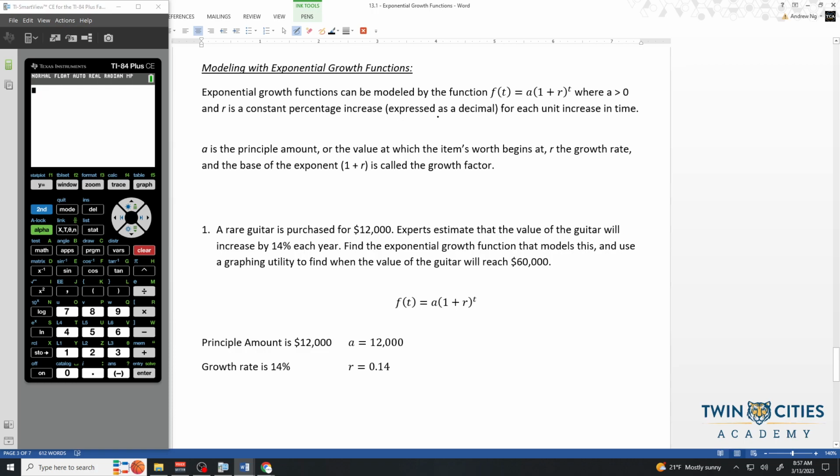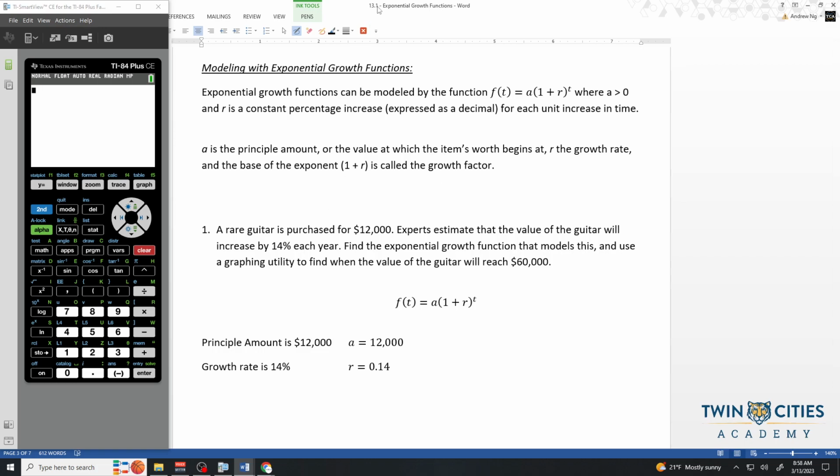This is oftentimes expressed as a decimal for each unit increase in time. A is the principal amount, or the value at which the item's worth begins. R is the growth rate, and the base of the exponent, 1 plus r, is called the growth factor. Okay, so how do we use this?